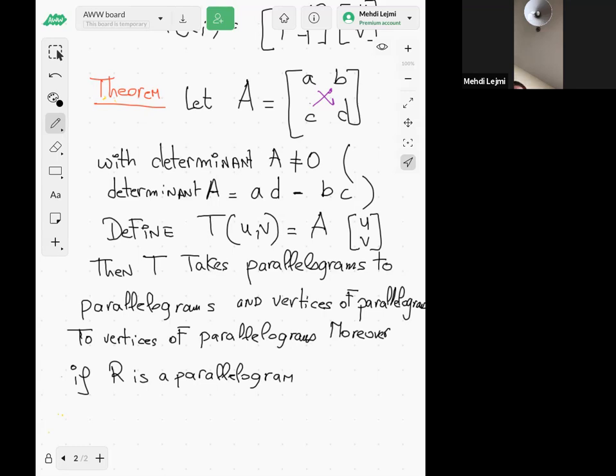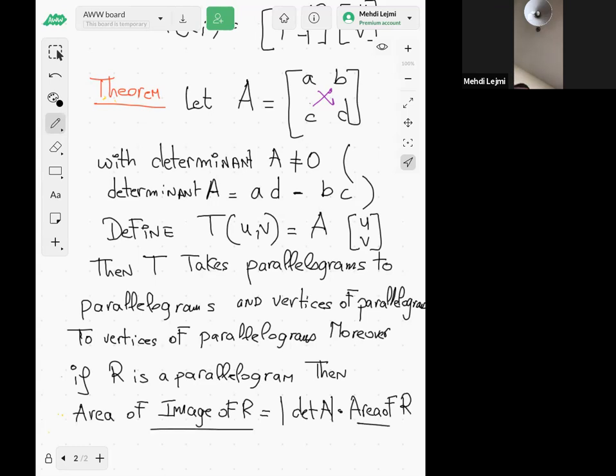So R is a parallelogram, then the area of the image of R is equal to the absolute value of the determinant of the matrix A times the area of R. Okay, so the relation between the two areas, the area of the initial parallelogram and the area of the image, the ratio is given by the absolute value of the determinant of the matrix A.